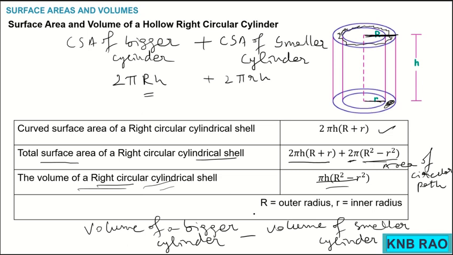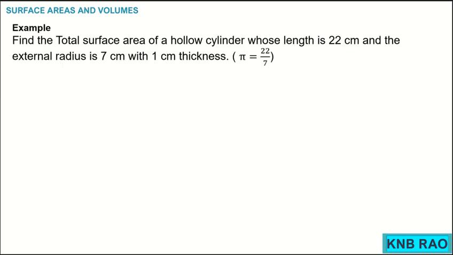Okay, we will summarize today's part with one example. Here is the example. Find the total surface area of a hollow cylinder whose length is 22 centimeter and external radius is 7 centimeter with 1 centimeter thickness.